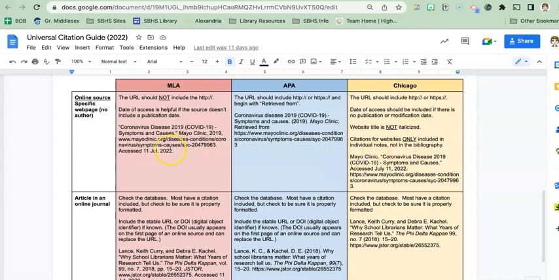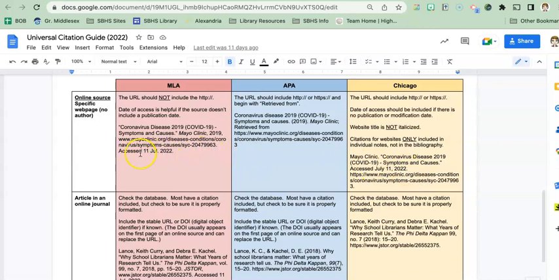And I want you to look at the example, because here in my example, I have a website and it shows you exactly what it should look like. The big difference is here, the name of the site is italicized for MLA, and it's not over here, okay? You'll also notice that the order is a little bit different over here. The date is a little bit different.